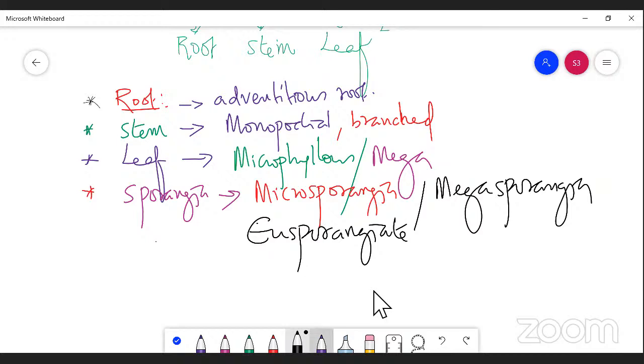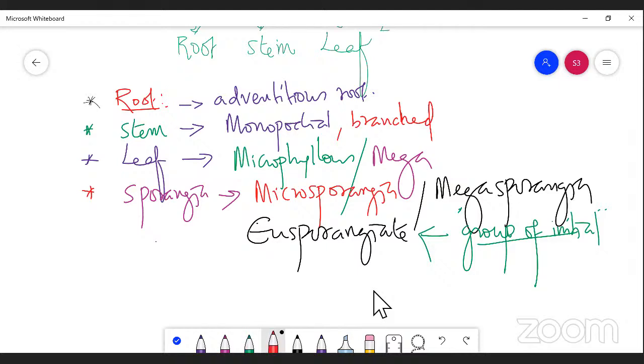Eusporangiate is nothing but a group of initials responsible for the formation of the sporangium, that is called eusporangia. A group of initials from which the sporangium arises.